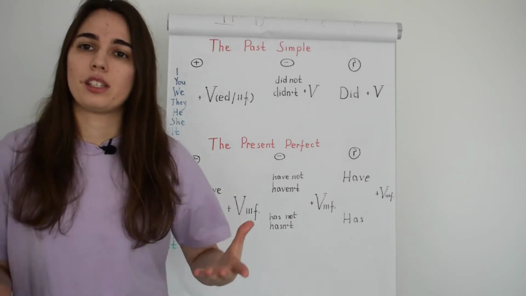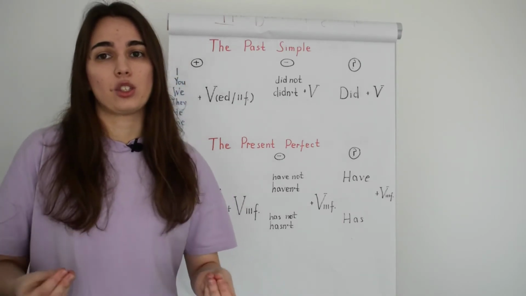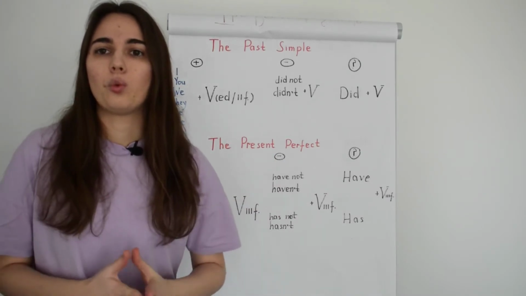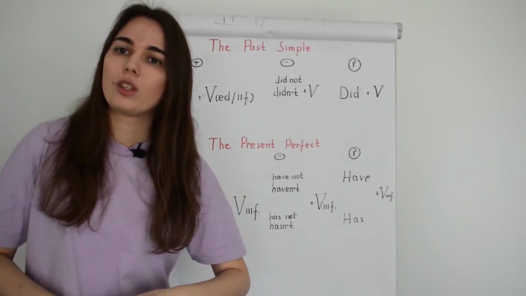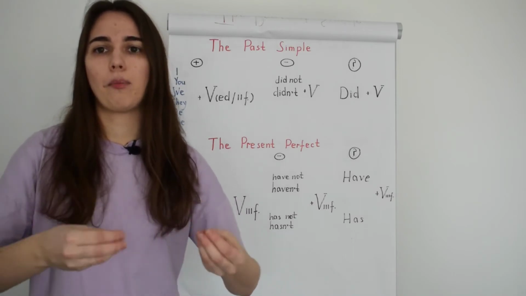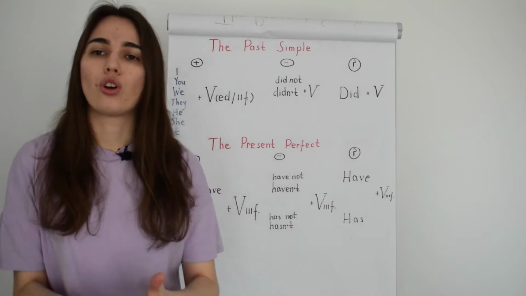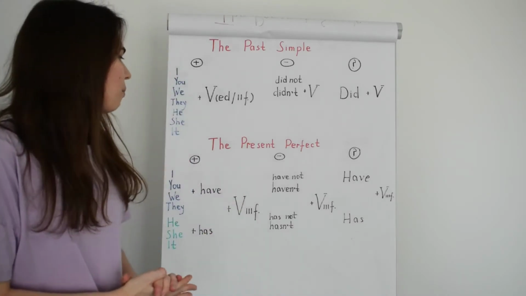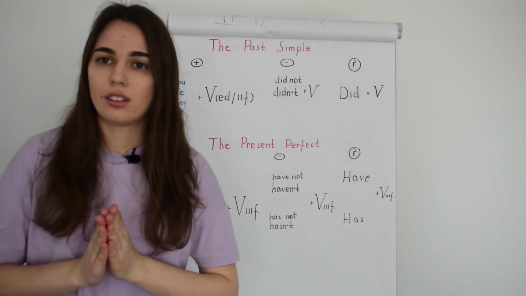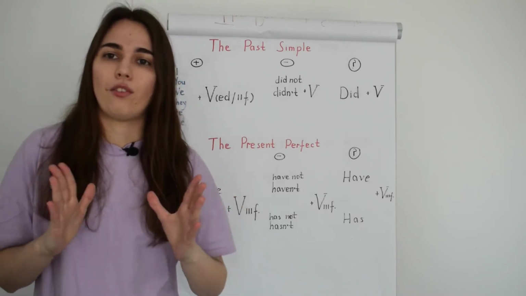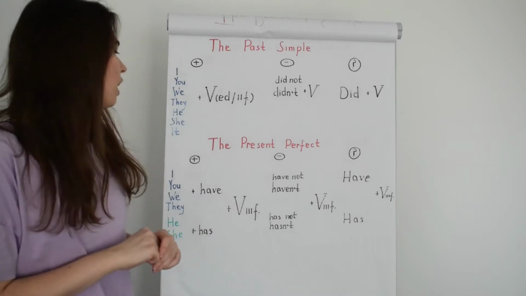We do not specify when, that's why we use the present perfect. As well, we use the present perfect when the action happened and we see the result of this action right now. For example, I've read this book. So it's finished. I have finished it.